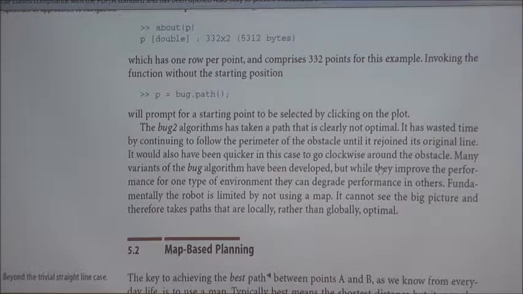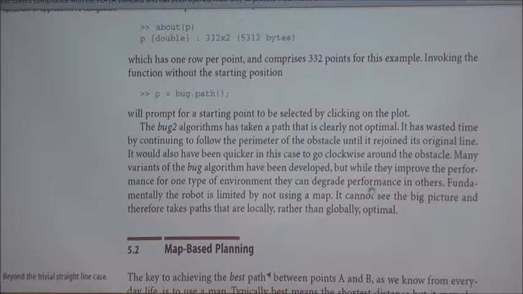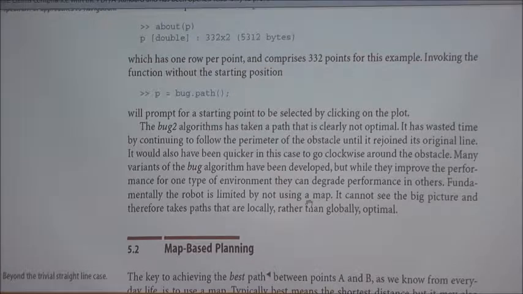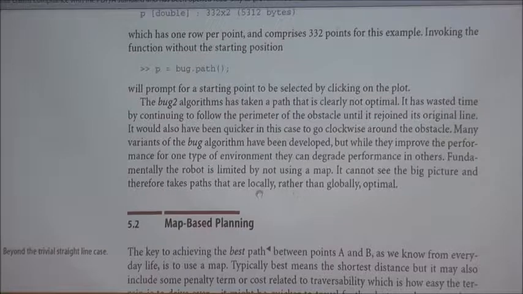Instead of that way, you go the other way around the obstacle. Many variants of Bug algorithm have been developed, but while they improve the performance of one type of environment, they can degrade performance in others. Fundamentally, the robot is limited by not using a map. It cannot see the big picture and therefore takes paths that are locally rather than globally optimal.